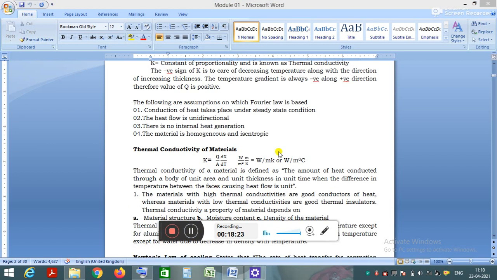Some assumptions were made in stating this Fourier law. This conduction of the heat takes place under steady state condition. Steady state condition is nothing but there is no variation of temperature at a particular point with respect to time.